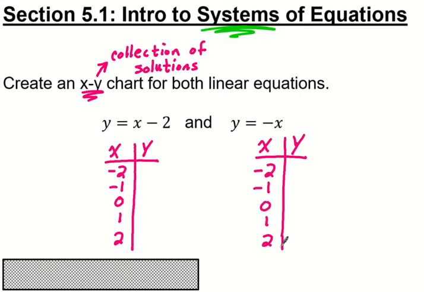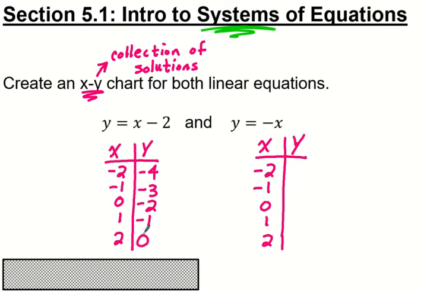Alright, so if I let x equal -2 and y equals whatever x is minus 2, if x is -2, what's that going to make y? -2 minus 2 would be -4. If we let x equal -1 instead, y will now equal -1 minus 2, which is -3. If we let x equal 0, that's going to be -2. If we let x equal 1, that's going to be -1. And if we let x equal 2, y will equal 0.